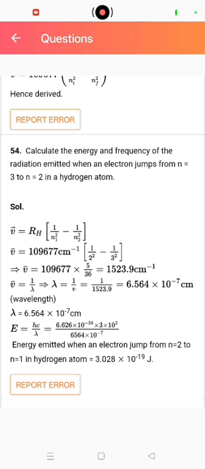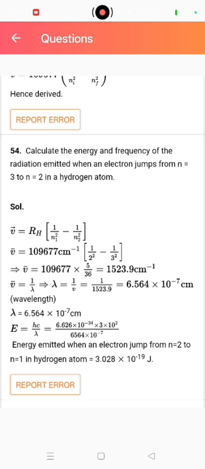We get it in centimeter inverse. After finding the wave number equation, wavelength: 1 by lambda is the wave number. So lambda is 1 by wave number, and finally we will get the wavelength. From the wavelength we find the energy. hc by lambda, you will get it. h is 6.626 into 10 raised to minus 34. c is 3 into 10 raised to 8.